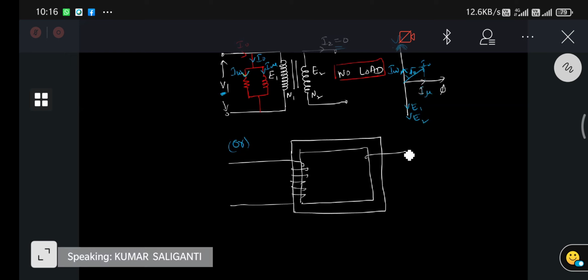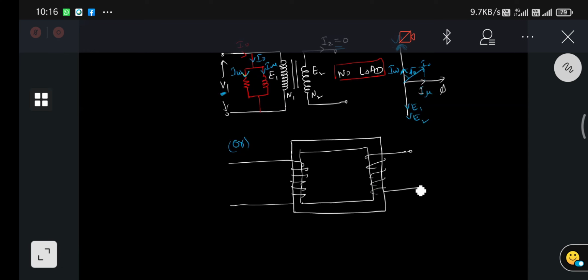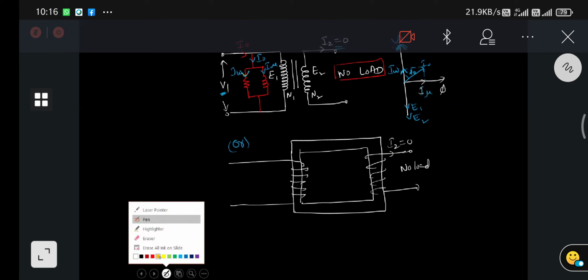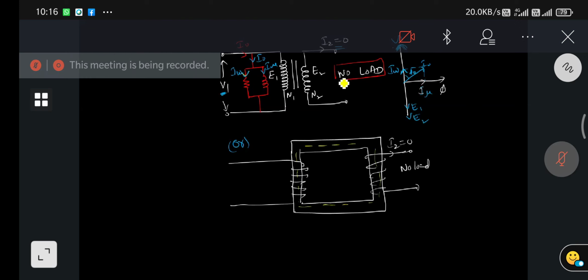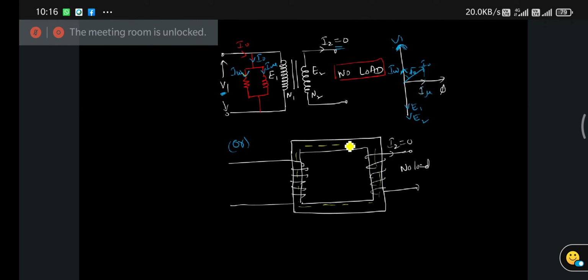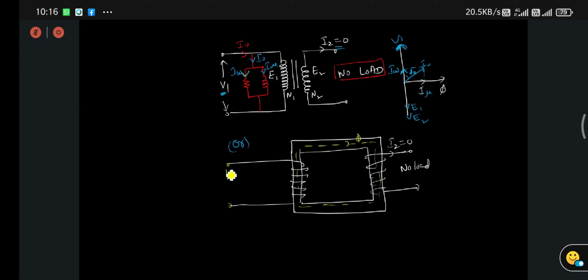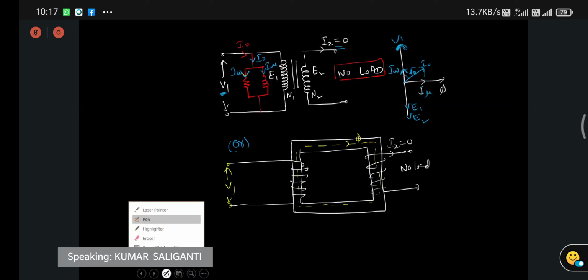Here the load current is 0. This is the transformer core, and in the core the flux is present. Here is V1, and you can draw the extra terms here.